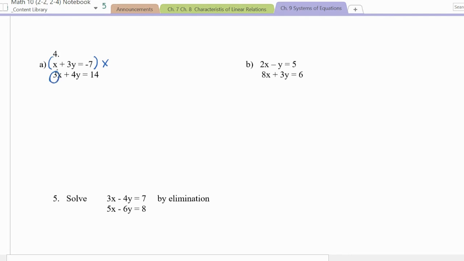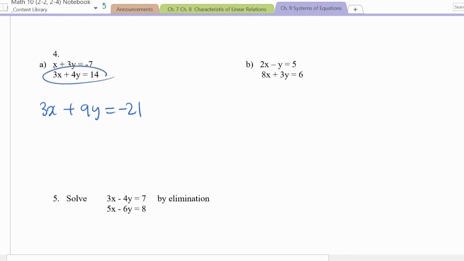Here, the coefficient of x is 1, and if we multiply by 3, we can easily make the coefficient 3. So let's multiply both sides by 3. That is 3x plus 3 times 3 is 9y. Negative 7 times 3 is negative 21. So we are multiplying the whole equation by 3.